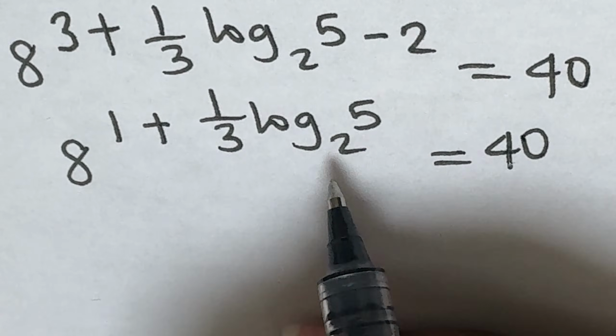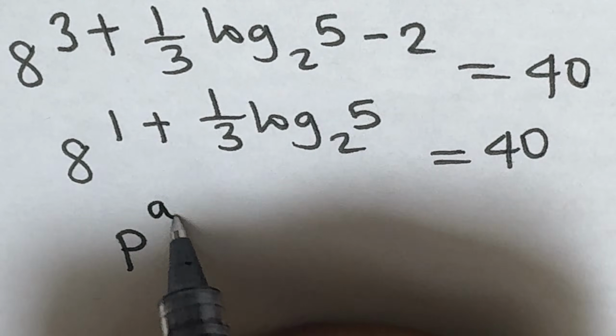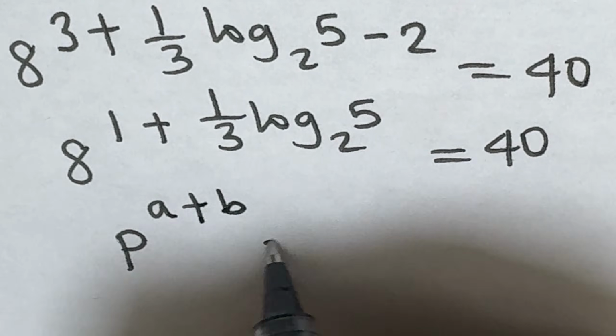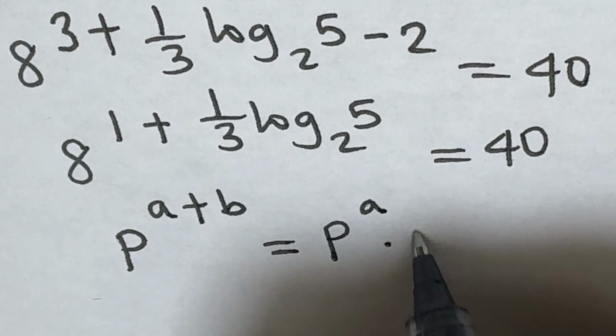Then I will apply law of indices using p raised to power a plus b. By law of indices, this will give us p raised to power a times p raised to power b.